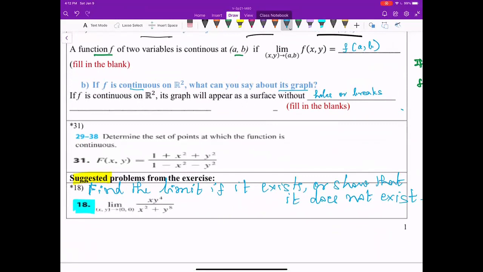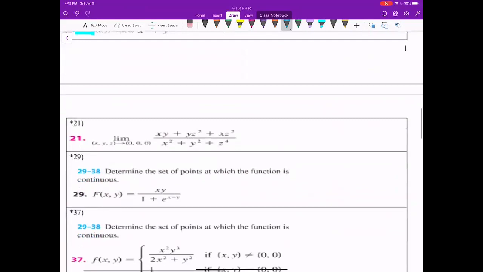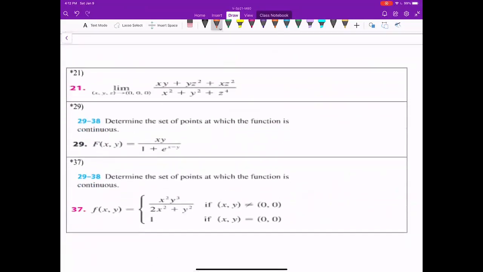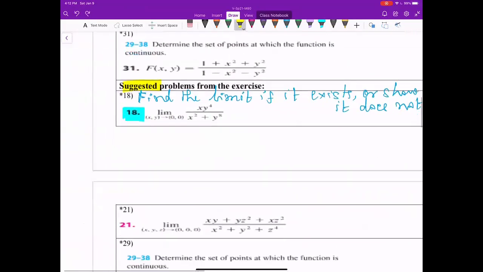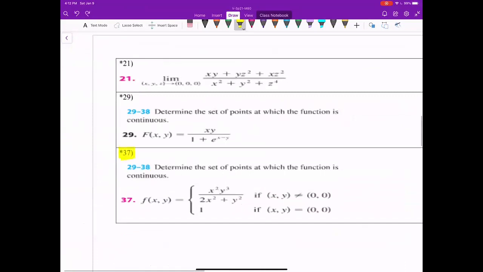Problem number 37 is also done in the video section. So please take a look at this problem in the videos for section 14.2.